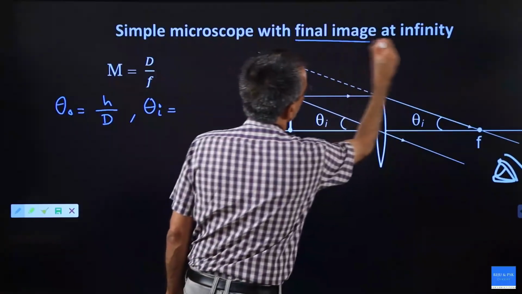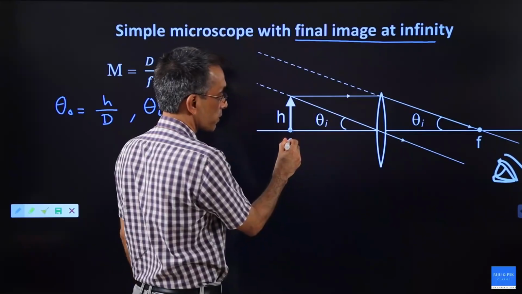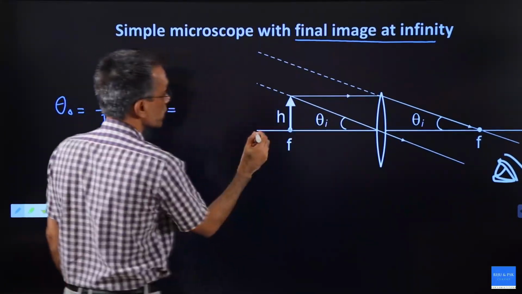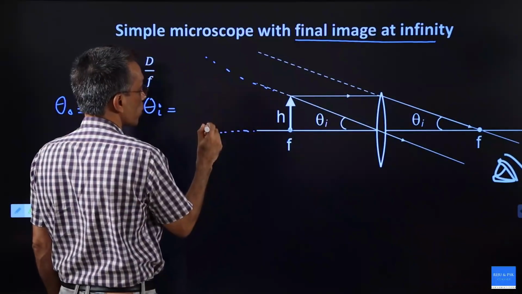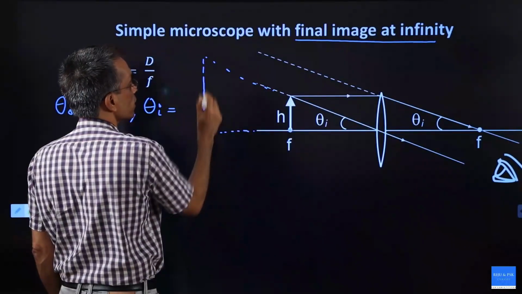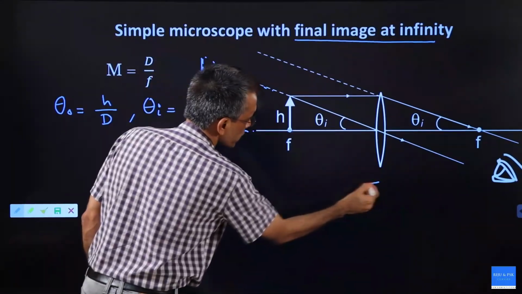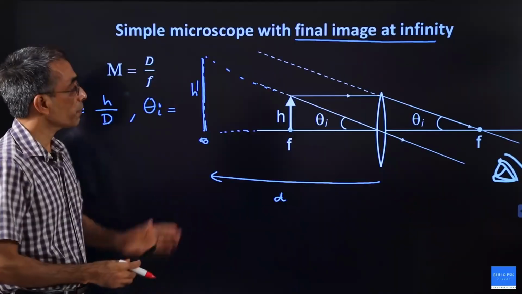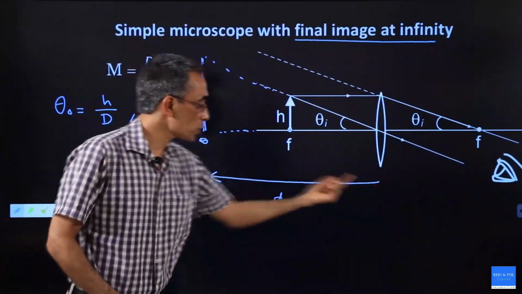For making the final image at infinity, the object must be placed at the focal point here. Image will be at infinity. Now you can see easily that the image is somewhere at infinity and the size of the image is also very large. So if you take this angular size, h dash, by whatever distance you have here, the image is at infinity, large height, and the distance is also very high.